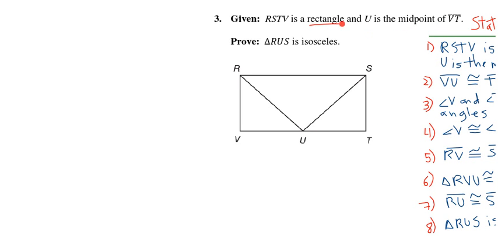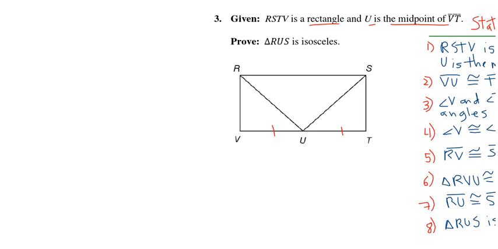So we have a rectangle. That's very important, because we are going to get some things from the rectangle. And we also have this, which we know already would give us two congruent parts if U is the midpoint of VT. So VU would be congruent to TU.